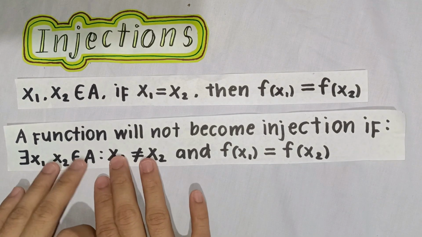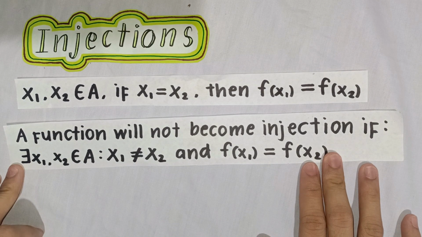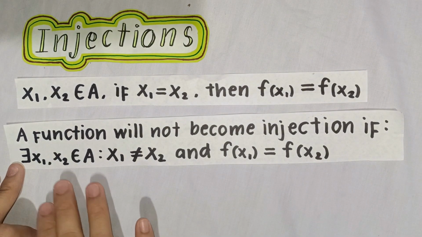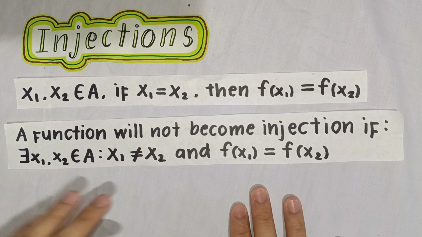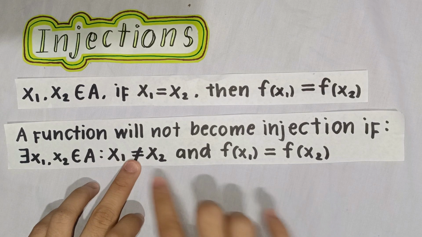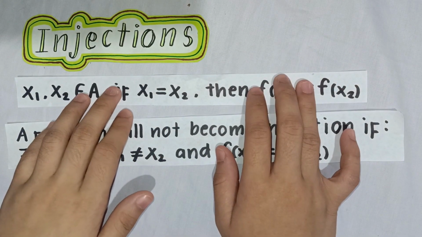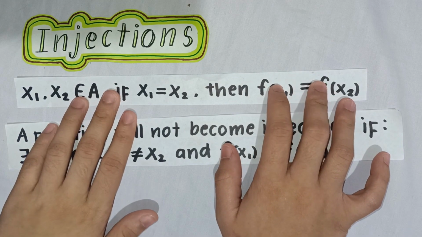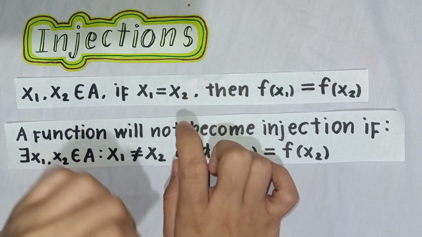In here, the idea is not written in a conditional statement. It is not written in the if and then connective. And also, the x1 here is not equal to the x2, while in the idea of injection, the x1 is equal to the x2.